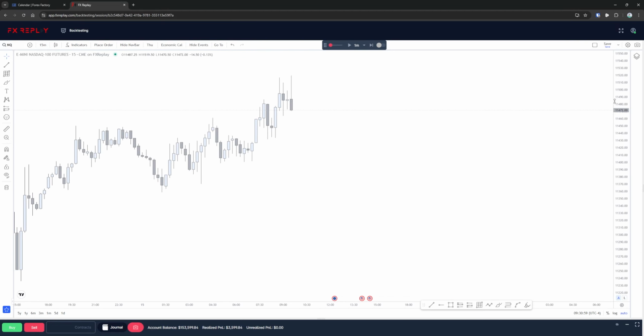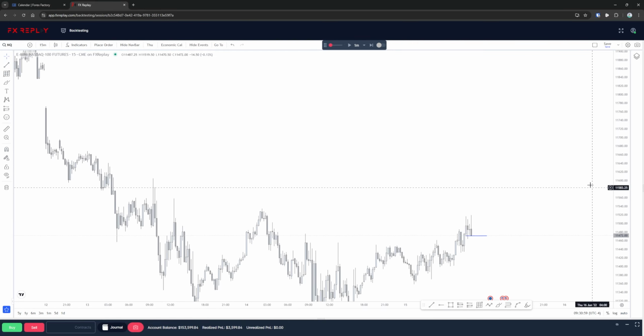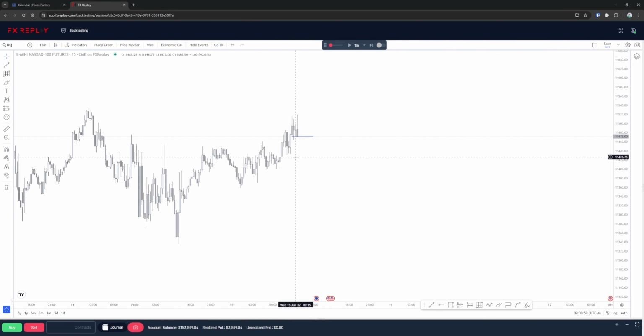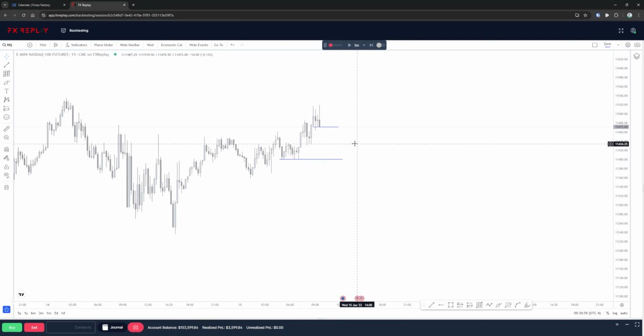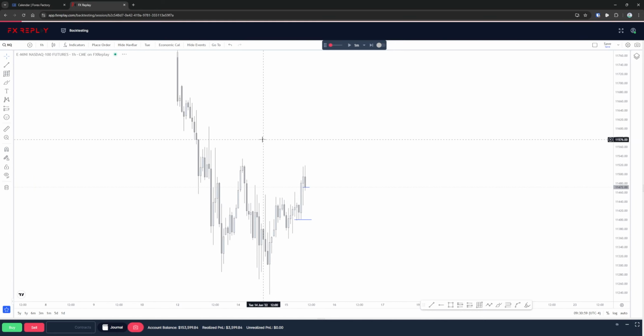So at New York Open, we have a 15-minute FEG here. But I also notice we have some relatively equal lows resting here. Another relatively equal low here. Check the 1 hour structure.